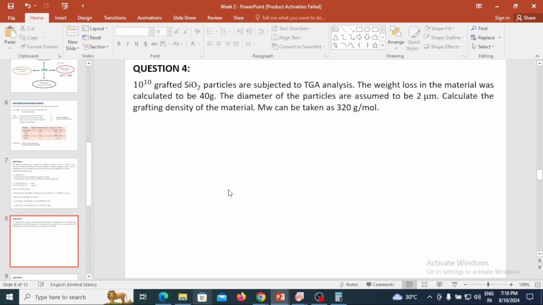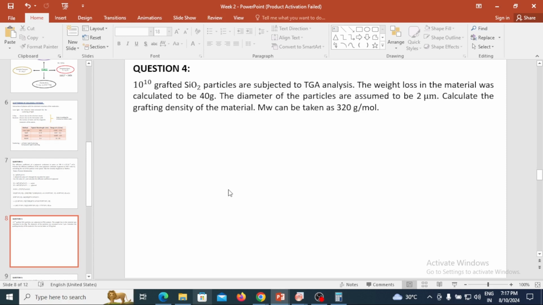As we discussed, TG analysis is a technique to determine the number of grafts or grafting density of a sample. They are saying that the weight loss in the material was calculated to be 40 grams. Diameter of the SiO2 particles is assumed to be 2 micrometers. Calculate the grafting density of the material. Molecular weight, they are asking us to take it as 320 gram per mole.